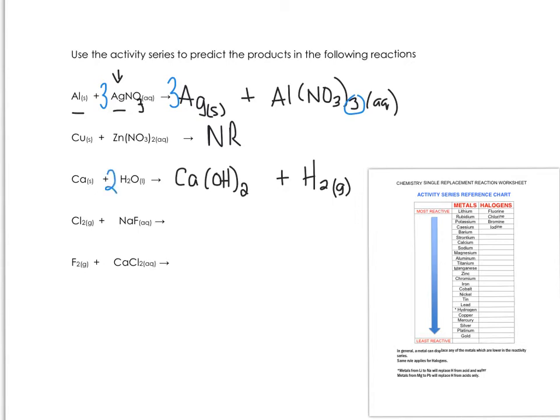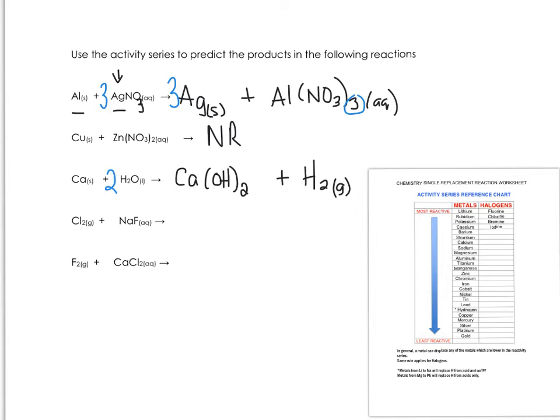Water's odd, so I'm going to double it. So now we have two oxygens on both sides. 2 times 1 and 2 times 1. That gives me 4 hydrogens. I've got 2 hydrogens here and 2 hydrogens here for a total of 4. So this is now balanced.